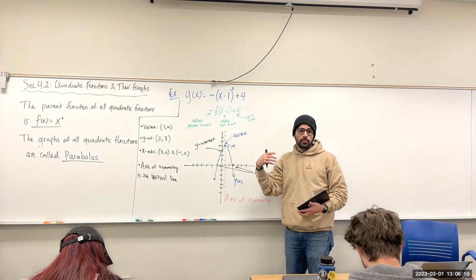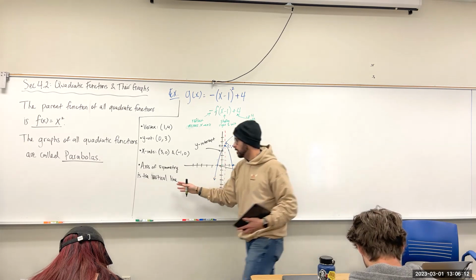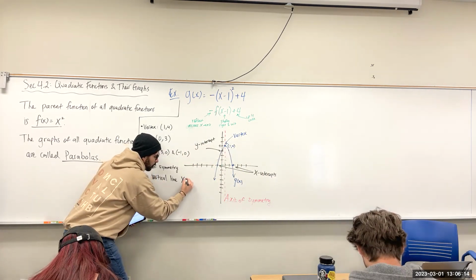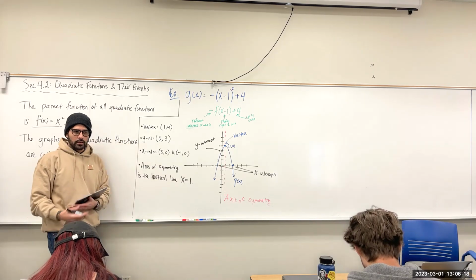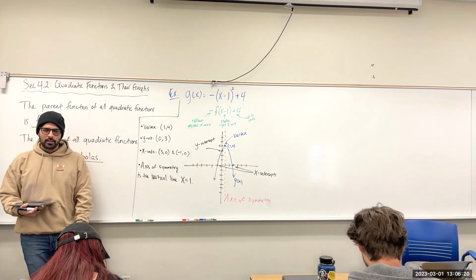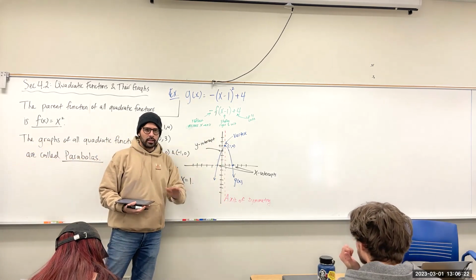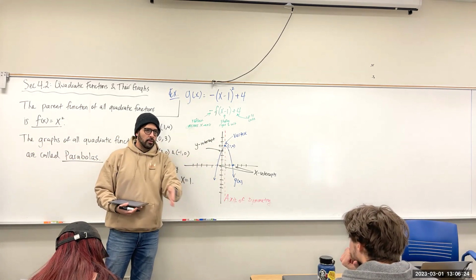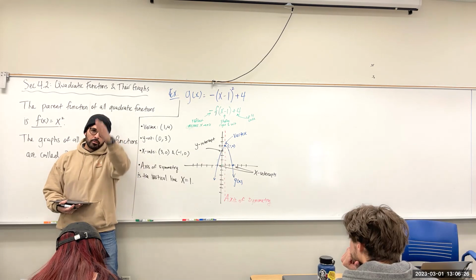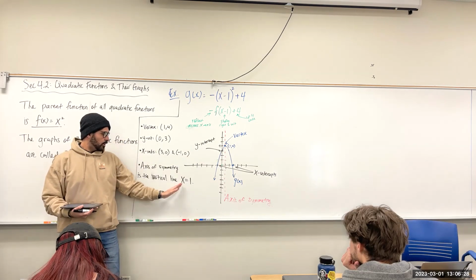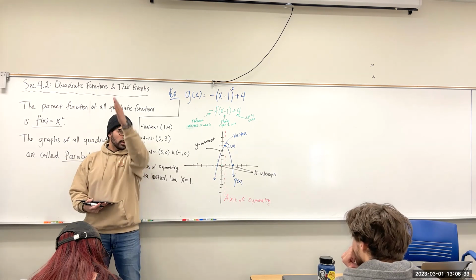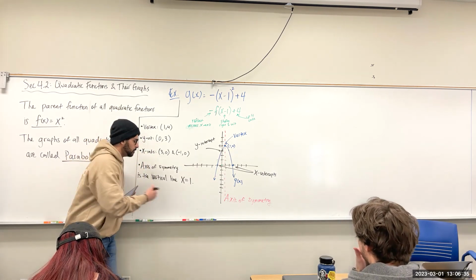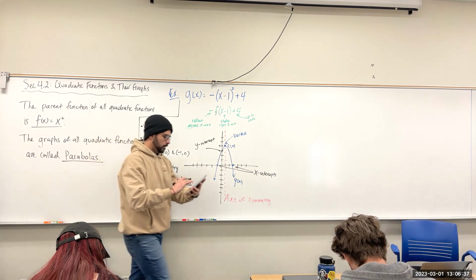So we're going to write the equation of the actual line as x equals 1. It's a little weird because we've been looking at lines in slope-intercept form, but a vertical line does not use slope-intercept form. It's just x equaling where the line crosses the x-axis. Okay.